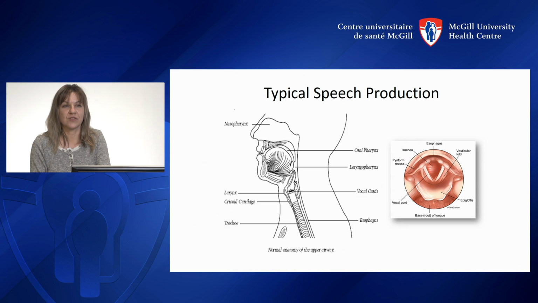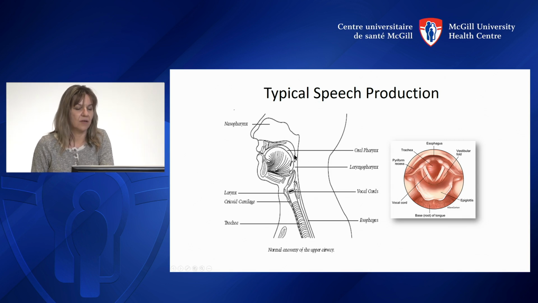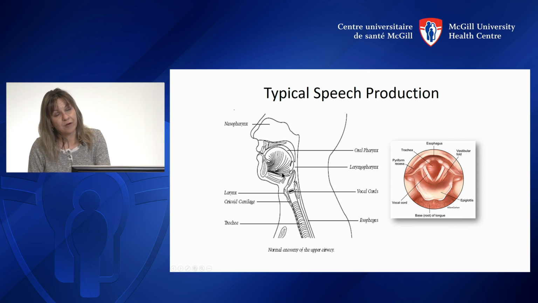If we look at typical speech production, air from lungs travels through the vocal cords, and with the help of our articulators, which is the tongue, lips, teeth, gums, we shape the airflow to produce sounds.